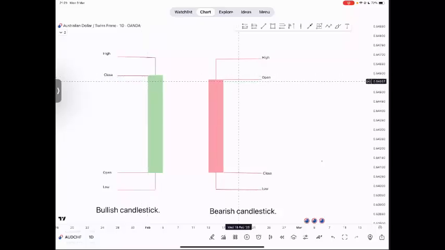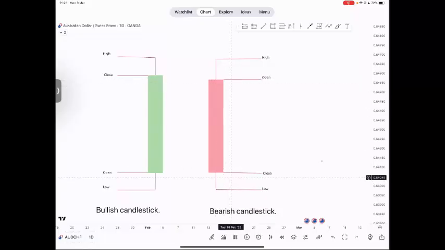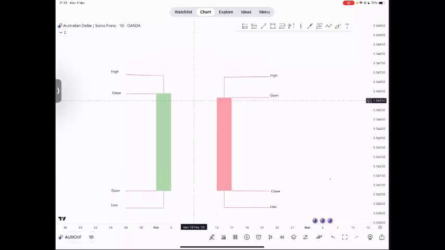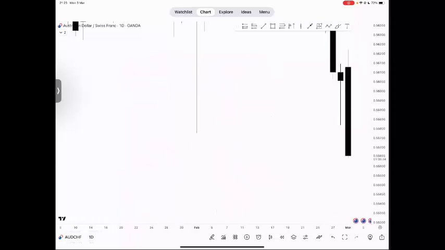And then if you look at this one, this is a bearish candlestick. It opened at this price, went to this low, and then finally closed at this price, right? So once you have a close below the opening price, it is a bearish candlestick. Once you have a close above the opening price, it is a bullish candlestick.